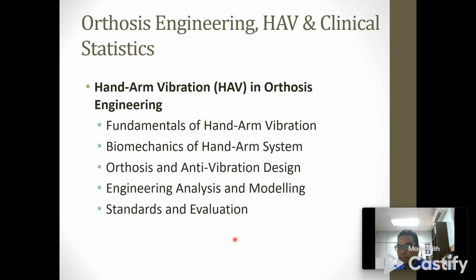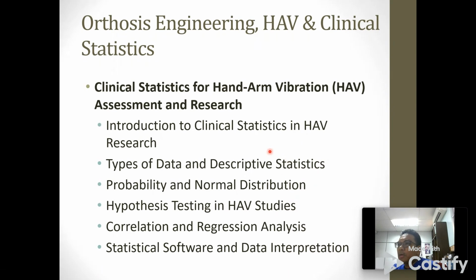We have several ISO guidelines you can refer to help you analyze the hand arm vibration. The last part is the clinical statistics for hand arm vibration assessment and research, including the introduction to clinical statistics in HAV research, types of data and descriptive statistics, what kind of data you can use and analysis, probability and normal distribution.